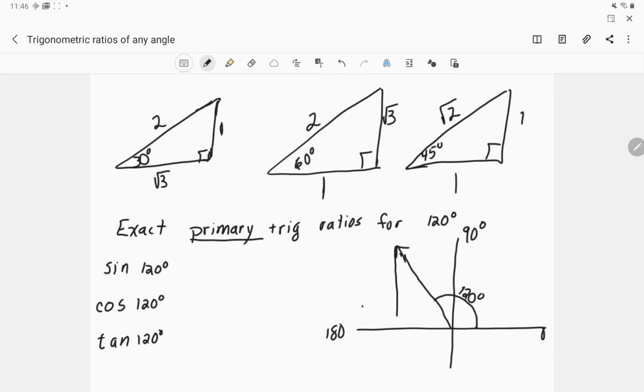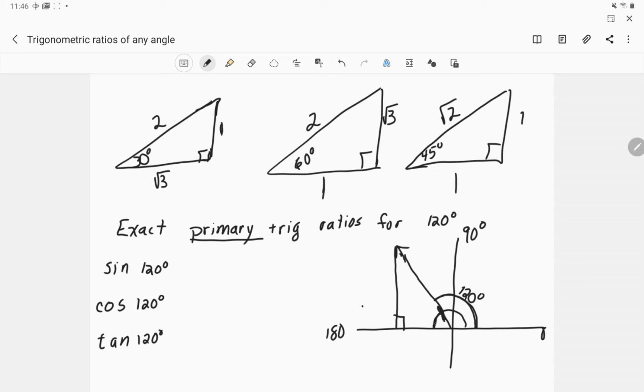You always make your triangle down to your x-axis, which means your reference angle is the angle inside the triangle right here. I don't know what that is, but I can figure it out, because I know that from 0 all the way to here is 180 degrees. And I know that from here just to my terminal arm is 120 degrees.